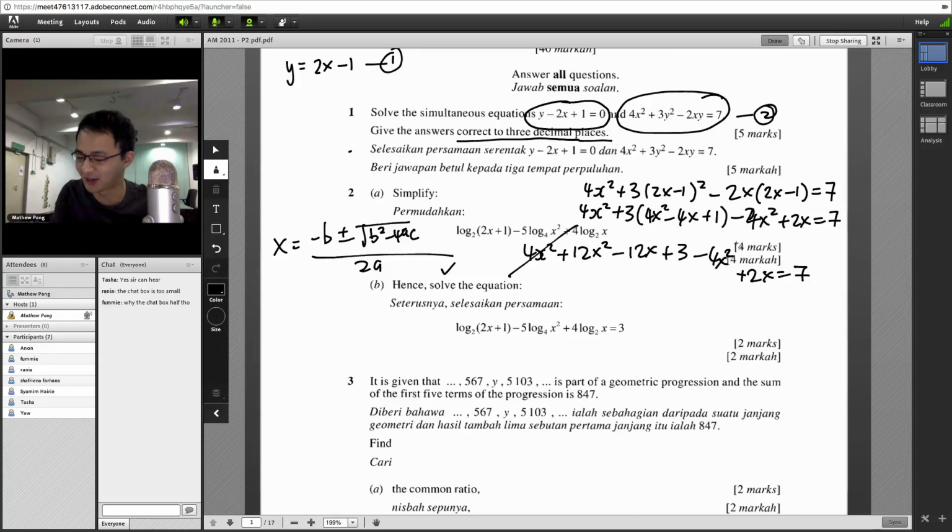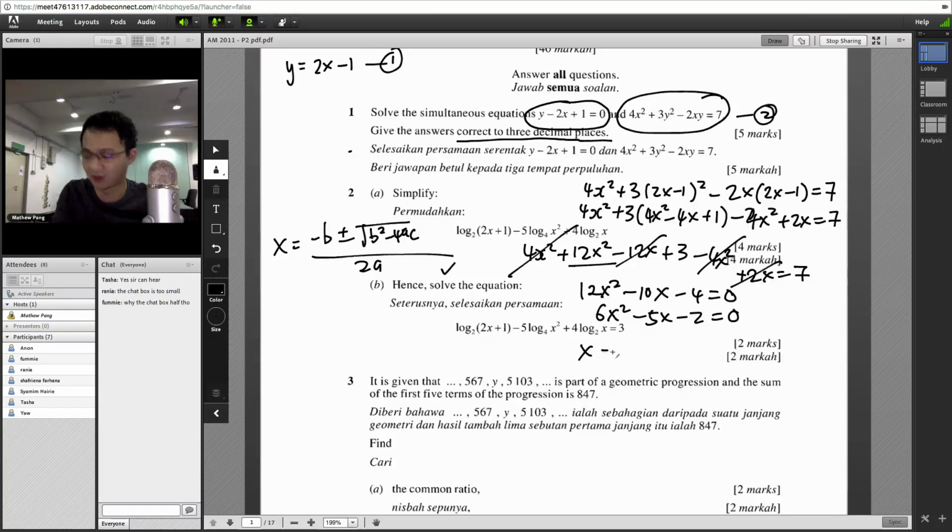Just simplify: 4x squared and 4x squared, and 12x squared, and minus 12x plus 2x is minus 10x, and then plus 3. The 7 I move to the other side, so it becomes minus 4, because minus 7. So you get negative 4 equals 0. Then what you do next is simplify by dividing by 2. So 6x squared minus 5x minus 2 equals 0.